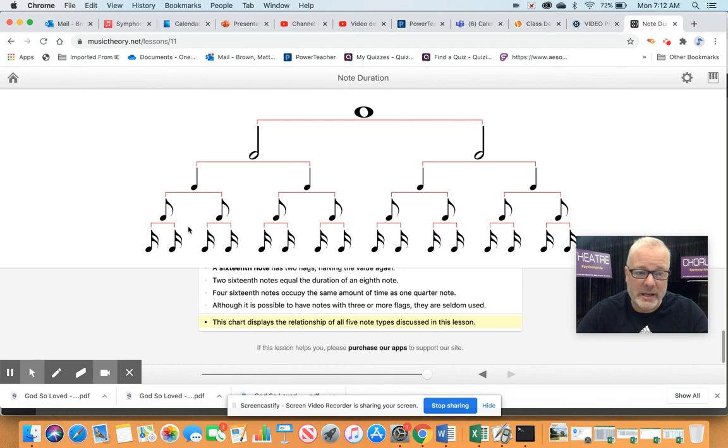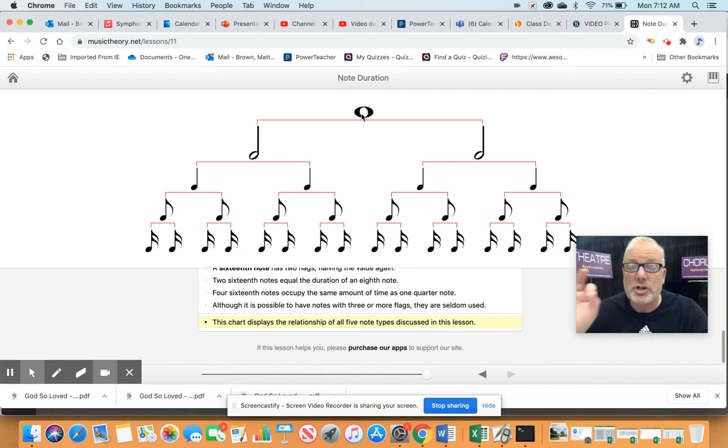And then finally, 2 16th notes to equal an eighth note, 4 16th notes to equal a quarter note, 8 16ths to equal a half note, and 16 16th notes to equal a whole note. It's kind of like, and a partridge in a pear tree. I mean, that's basically what we're talking about here, okay?